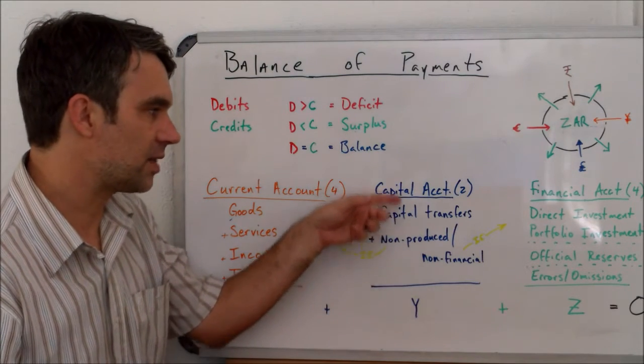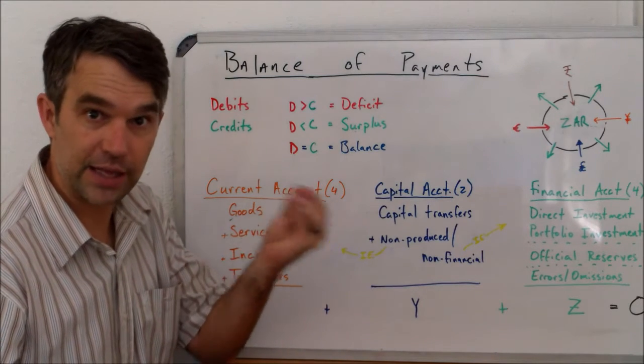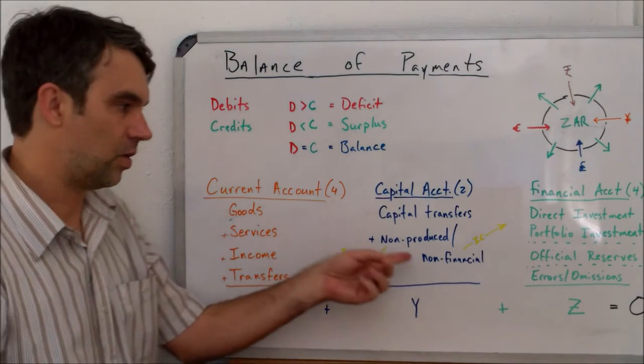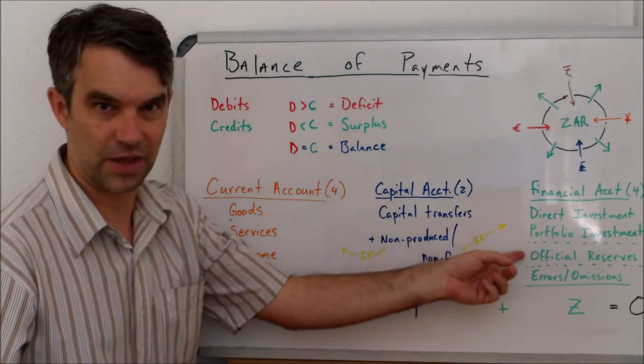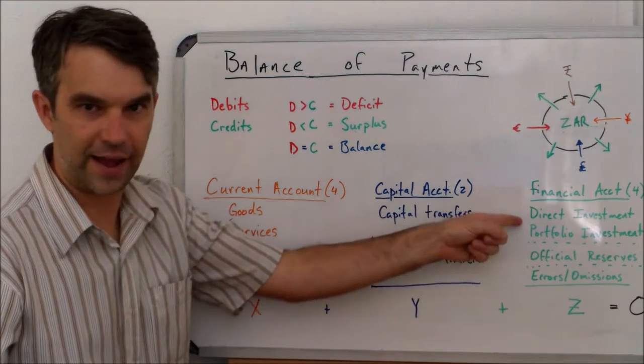The second type of thing that will go into the capital account is any buying and selling of a non-produced, so nothing over here, or non-financial, so nothing over there, anything that's bought and sold that doesn't fit into this category or that category.